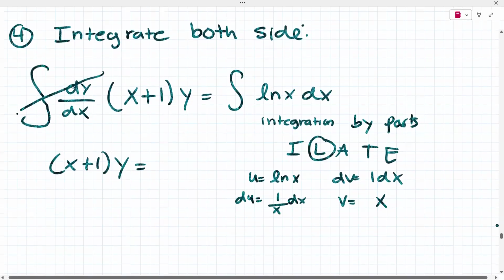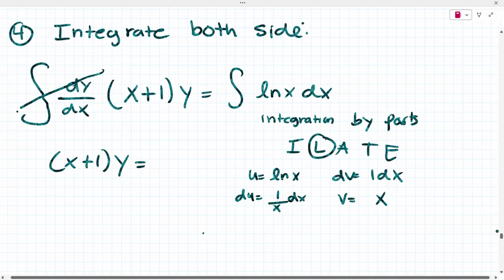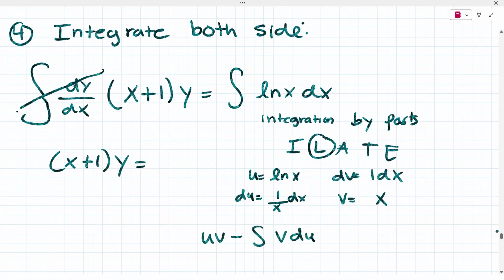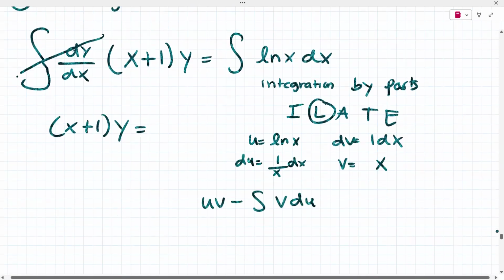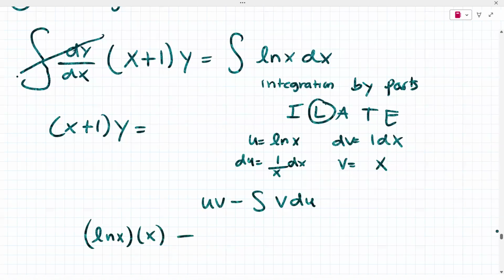And so you do integration by parts, so it's going to be uv minus the integration of v du. So my u is ln of x, my v is x, minus the integration of v du. So my v is x, and my du is 1 over x dx.